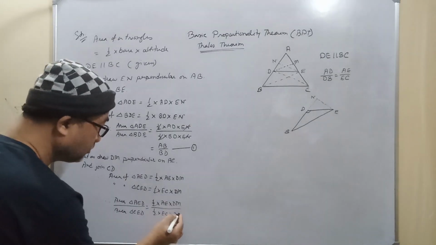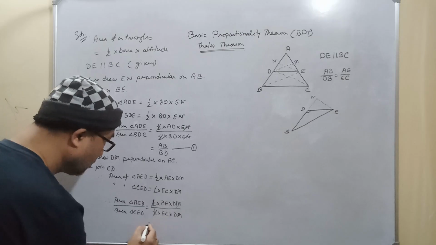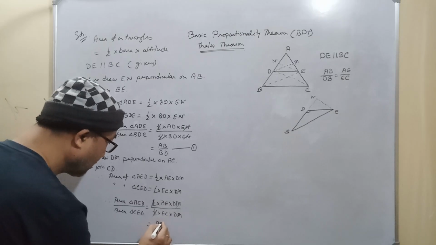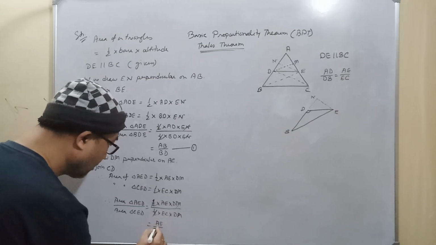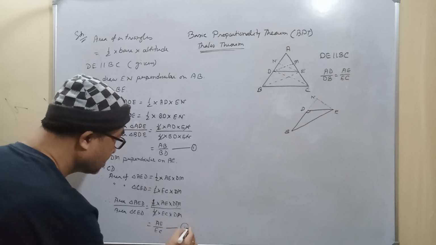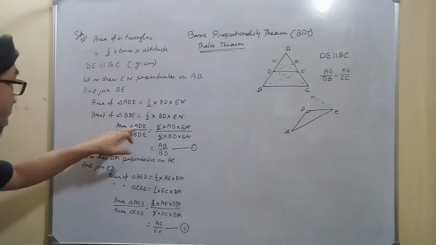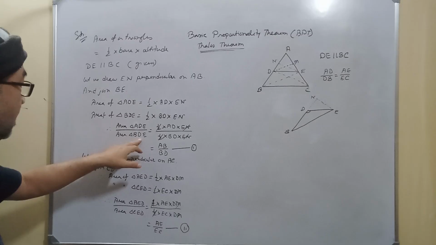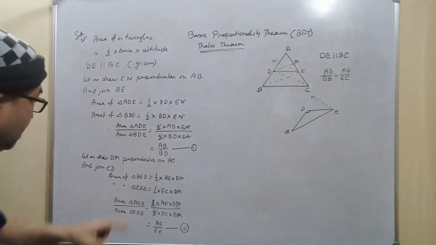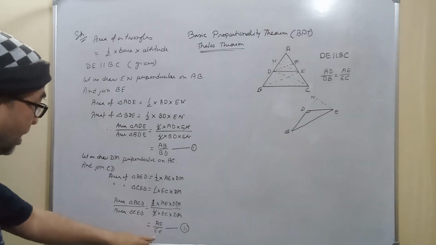DM cancels out, we get AE by EC. Let us say it is number 2. So we have area of ADE by area of BDE is equal to AD by BD, and area of AED by area of CED is AE by EC.